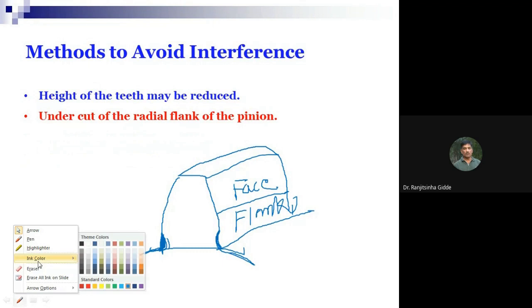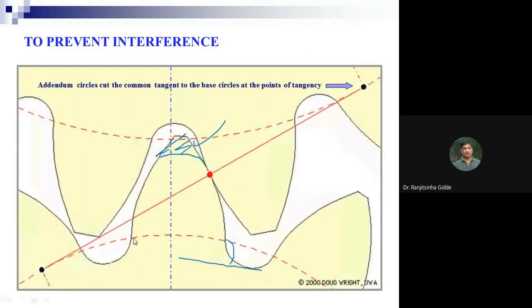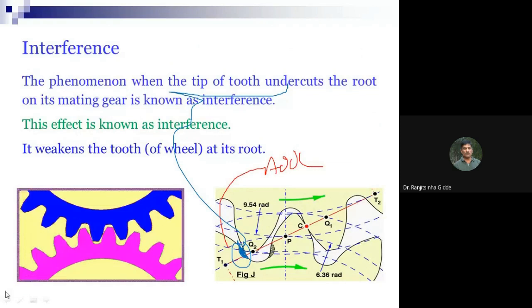Then next, write number 3. By increasing center distance. So this is one of the methods. Suppose these are the wheels.